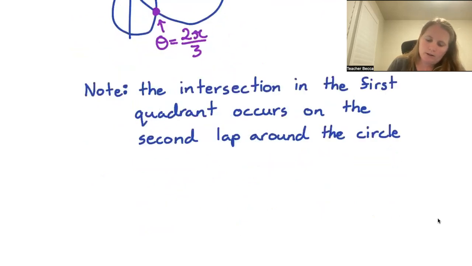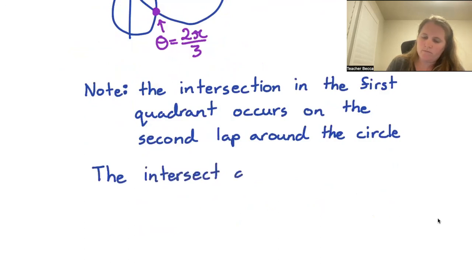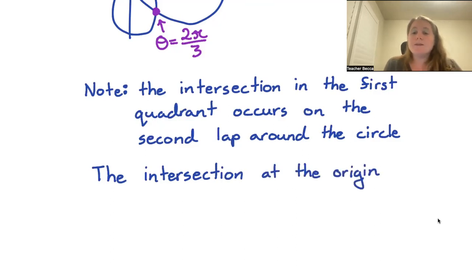The intersection at the origin was not found because the different graphs are at the origin at different angles.